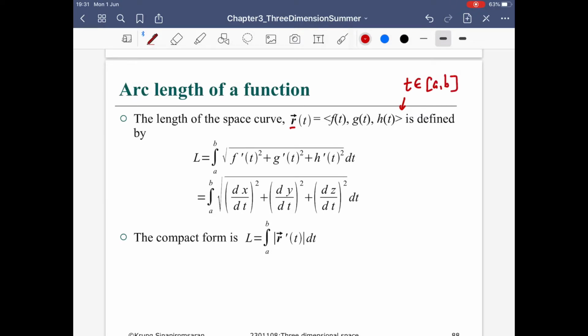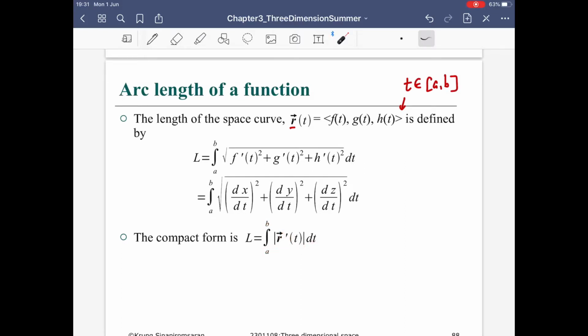It is the integration from a to b of the square root of each component derivative squared, integrated with respect to t, or in a compact form, the integral from a to b of the length of r prime dt.